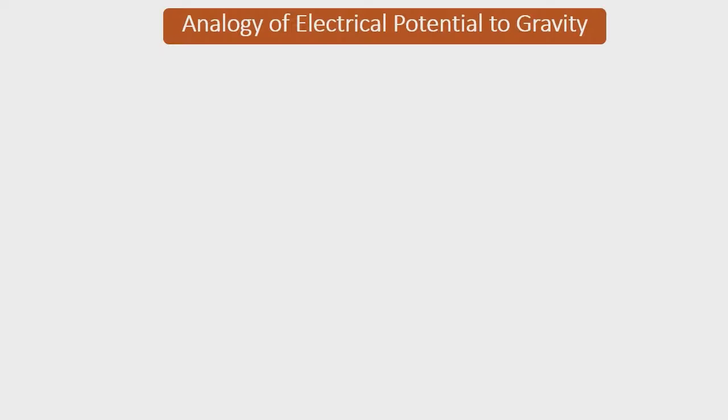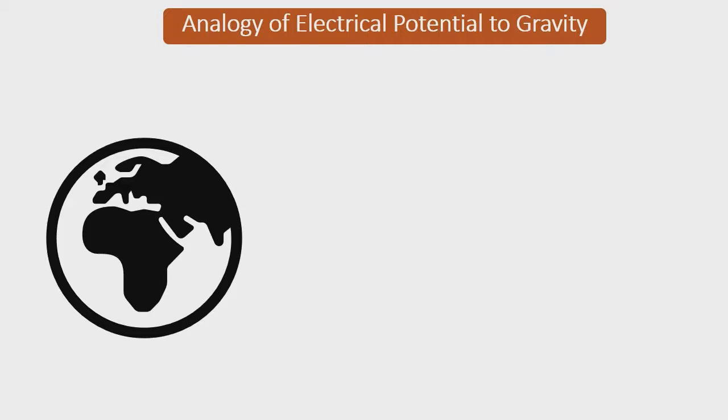So in here, we will be using an analogy to understand the meaning of potential difference, and also the energy that is required for bringing a charge from a specific location to another location or another position in a particular electric field. So in here, the analogy of electrical potential to gravity.